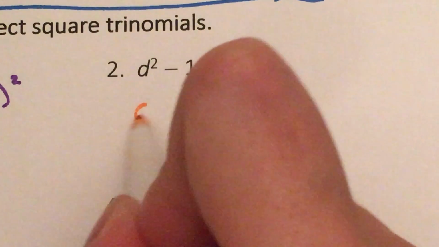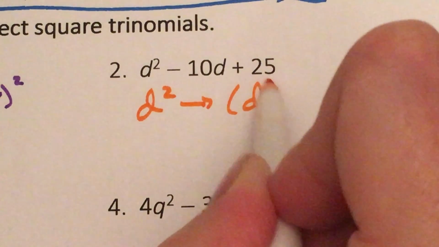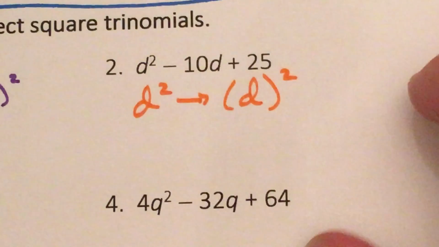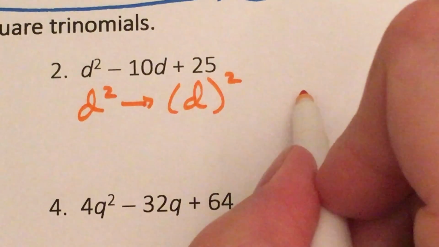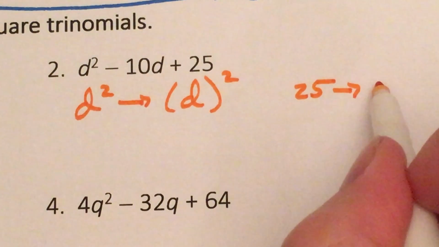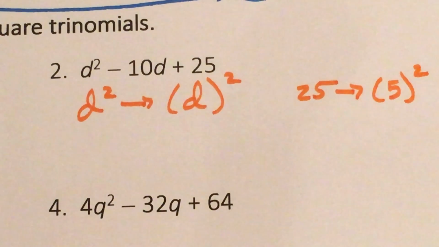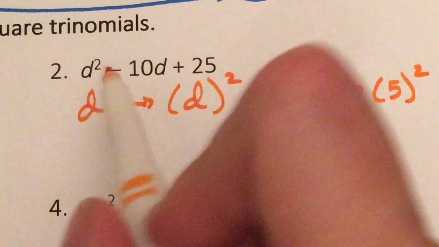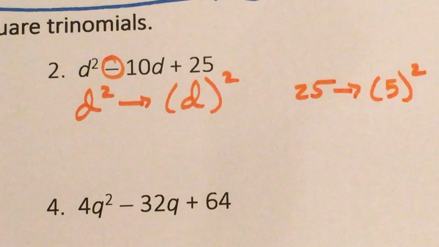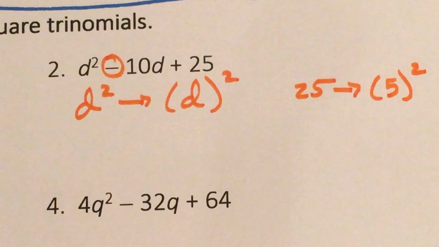It is d squared, so that came from a d. Yeah, that's easy. And my last term, that's a 25. So it came from 5 squared.